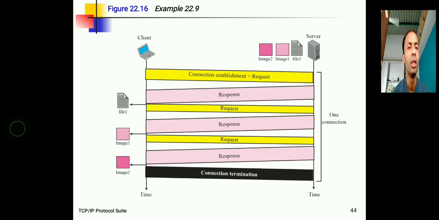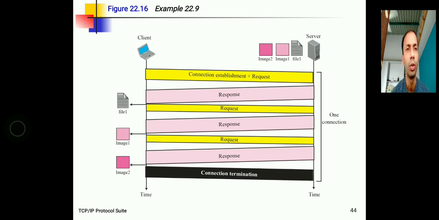Now if you compare these two diagrams, for each and every file it is not necessary to terminate the connection while retrieving the different files from that web page. Instead, once the connection is established, you can directly make the request, and it is not necessary to establish the connection again and again for every new file in this interaction.